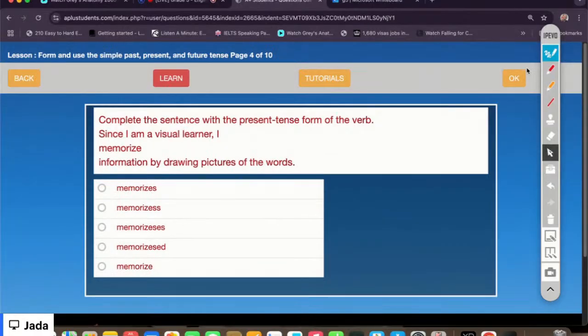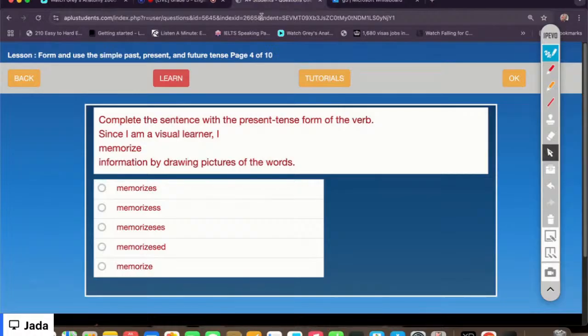So present tense as well. Since I'm a visual learner, I memorize information by drawing pictures of the word. The first, second, third, fourth, or fifth.